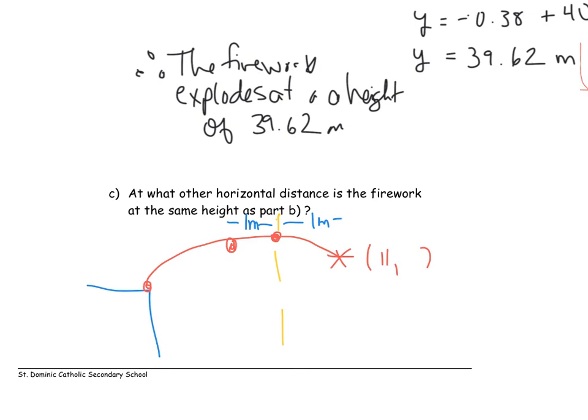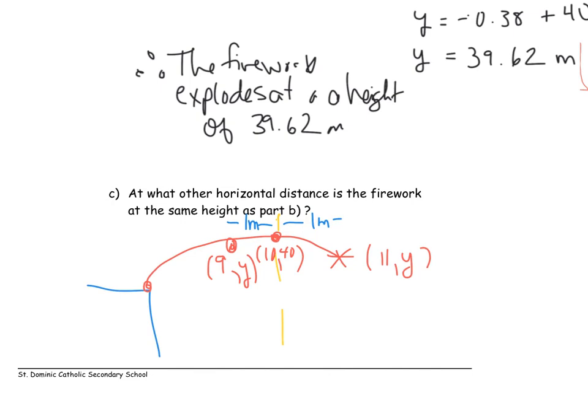If my vertex is at a horizontal distance of 10 and 40, then my parabola is going to give me a value of 10 minus 1 on the other side, or an x-coordinate of 9 and some other value of y.